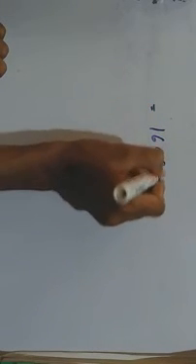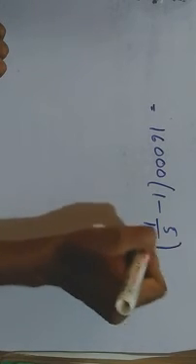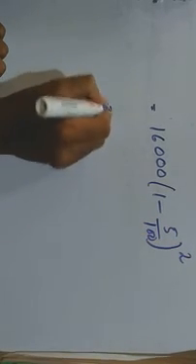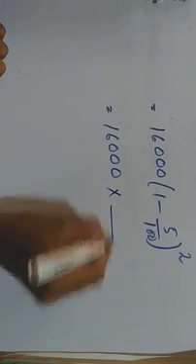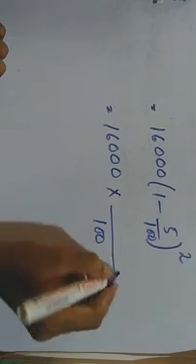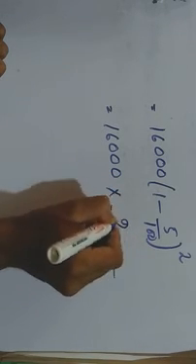16,000, 1 minus rate of interest 5 by 100, power 2. 100 into 1 is 100, and 100 minus 5 is 95.